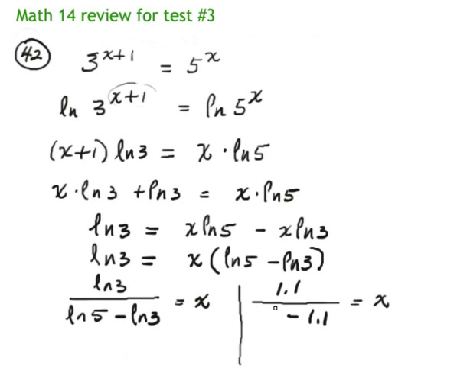Okay, so I get 1.609. And then you just work that out. Okay, I get about 2.16 for x.